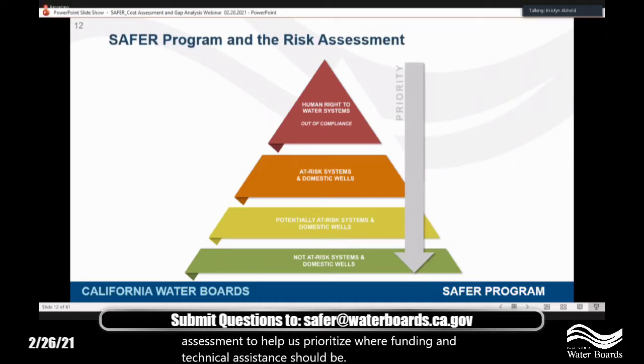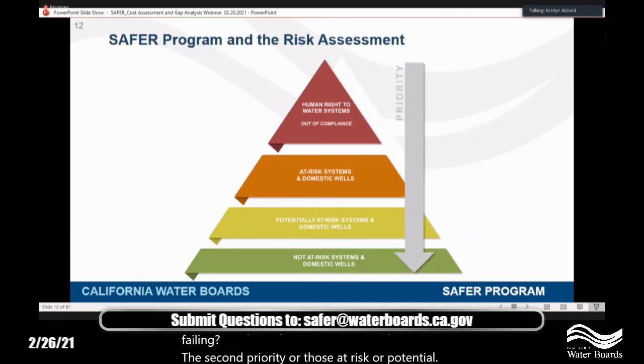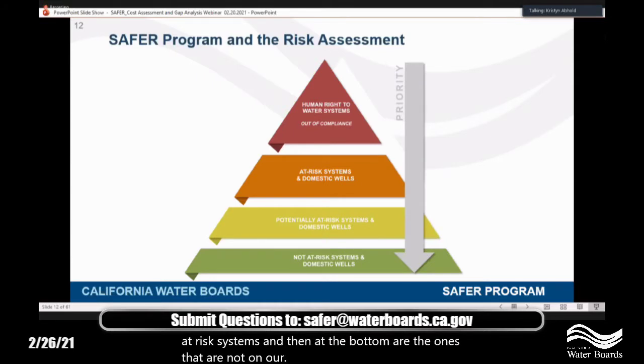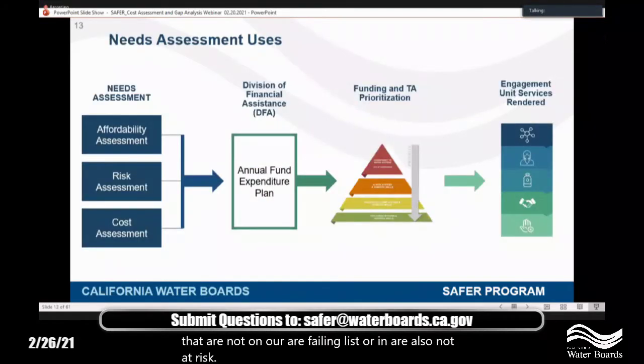The priority is going to be those systems that are currently out of compliance or are on our human right to water list that are failing. The second priority are those at-risk or potentially at-risk systems. And then at the bottom are the ones that are not on our failing list and are also not at risk.